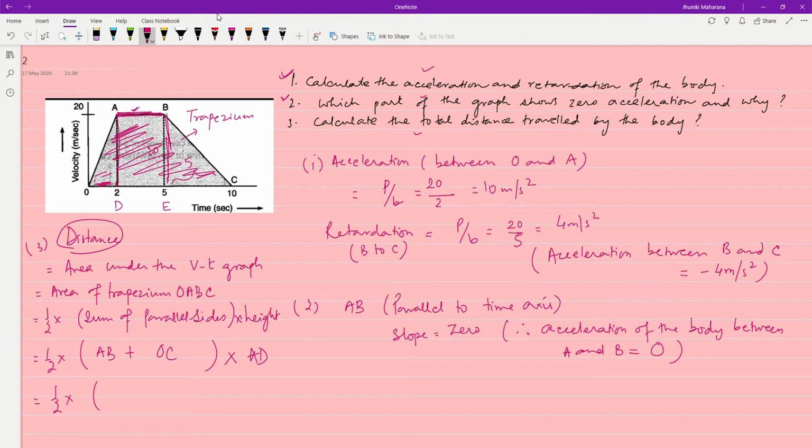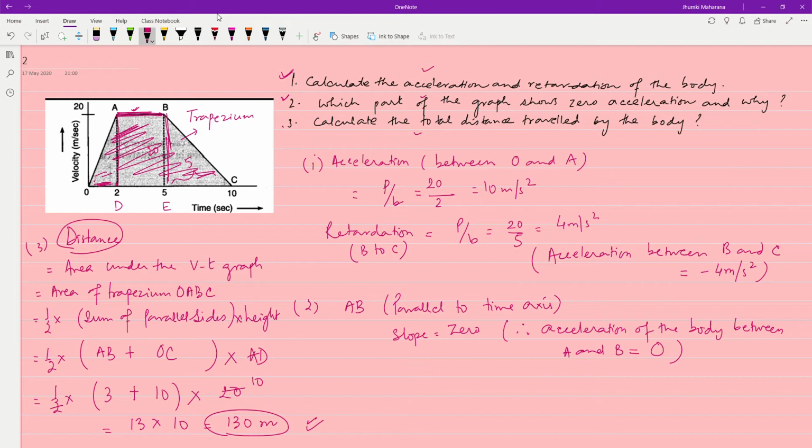The length of AB is 5 minus 2. So it is 3 plus OC is 10 into, what is the length of AD? AD is 20. So if we cancel this 2 and 20, we get 13 into 10, so it is 130 meters as the distance traveled by the body.